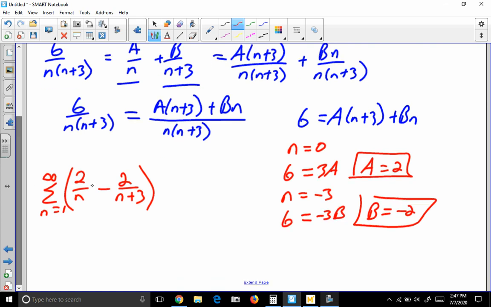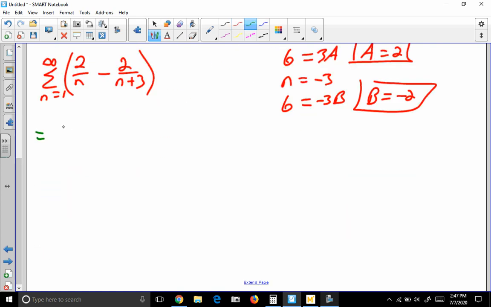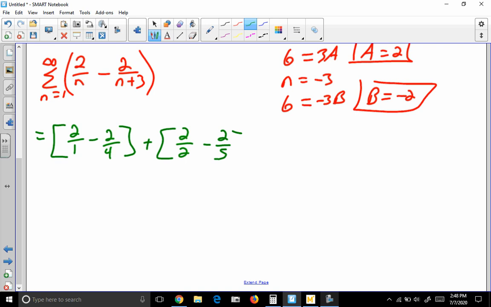So we list our first several terms in this series. If we put in a 1, we get 2 over 1 minus 2 over 4. And then if we put in a 2, we get 2 over 2 minus 2 over 5. And then put in a 3, we get 2/3 minus 2/6.